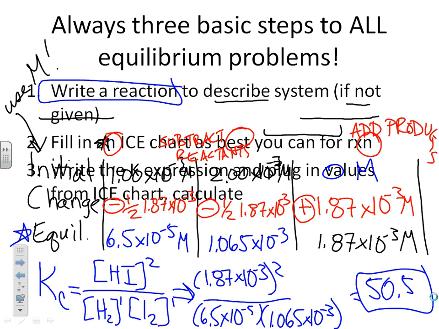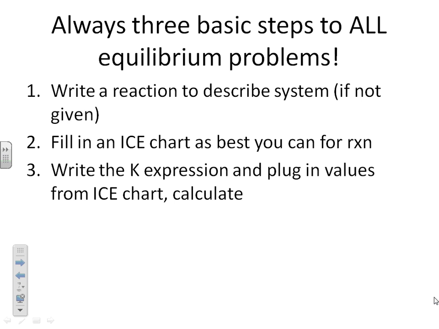On the next slide. There are always going to be 3 basic fundamental steps to an equilibrium problem. All of them, no matter if we're doing primary topic 2, calculating K from concentration, or primary topic 3, calculating concentration from K, or if we're knee-deep in buffer problems, or if we're doing QSP versus KSP problems, there are still 3 fundamental steps that you want to do.